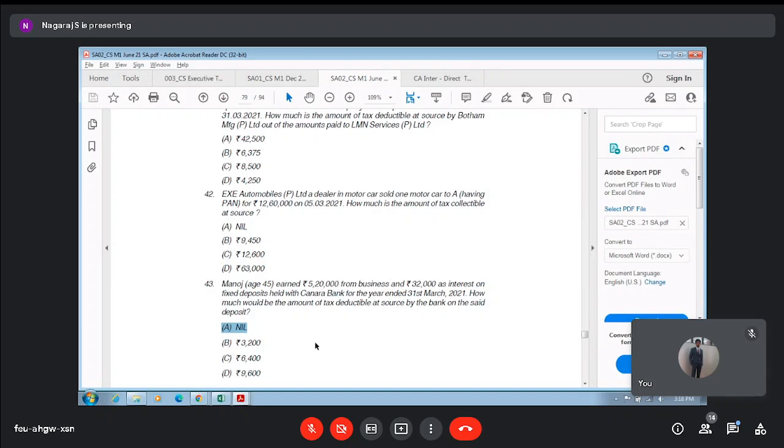The 80 TTA, TTB, core banking. Core banking means for all the banks put together, if the interest is more than 10,000, then the bank will deduct the TDS. What is the amount? Please check that amount. I think it is 50,000, I believe. If I am correct, it is 50,000 or somewhere 40,000 or 50,000. Then only the bank will have to make the TDS.